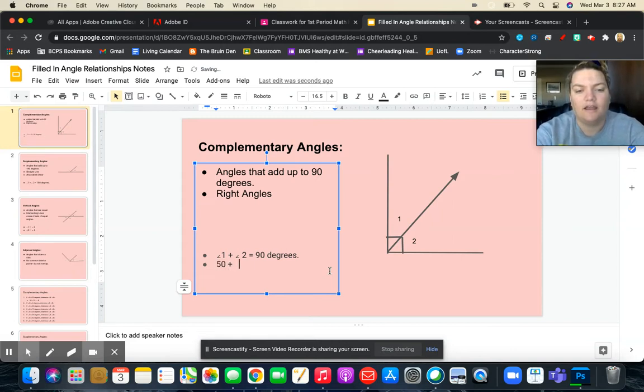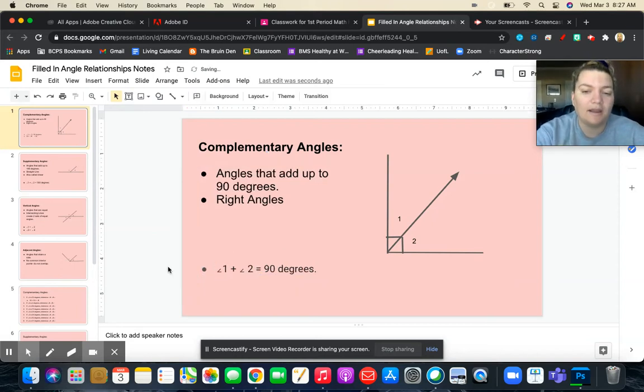I would need to add angle 2 in order to equal 90, and so hopefully we can figure out that angle 2 needs to be 40 degrees. So 50 plus 40 would give us that 90 degrees, and it has to be 40. It can't be 38, it can't be 29.